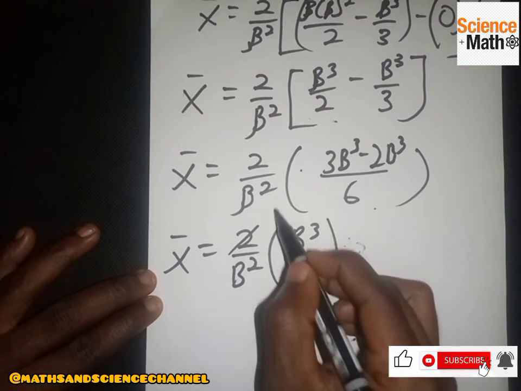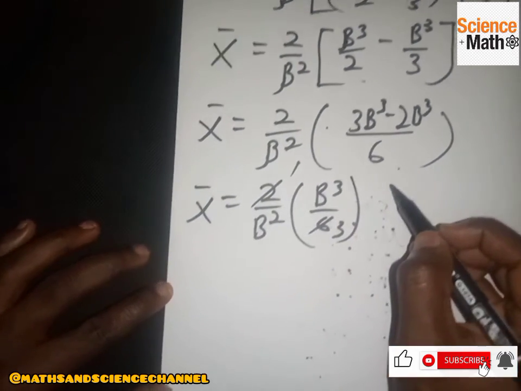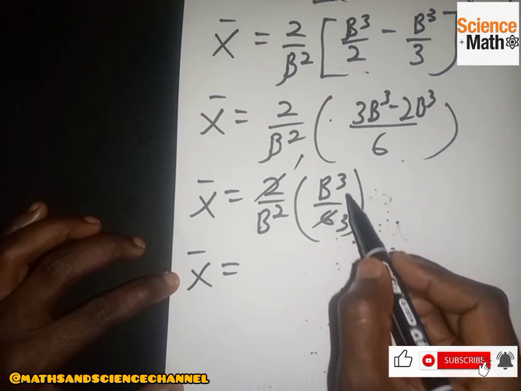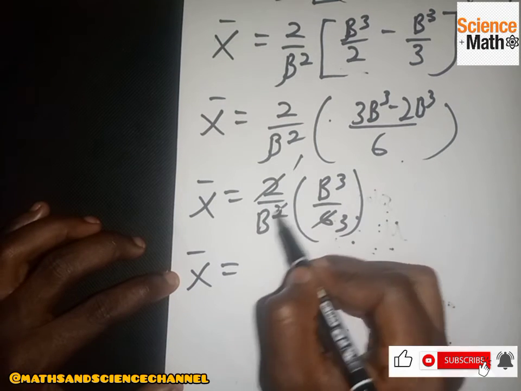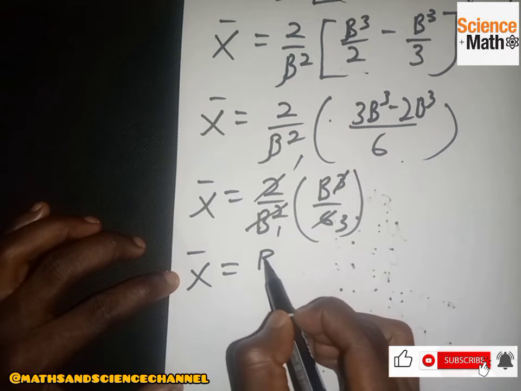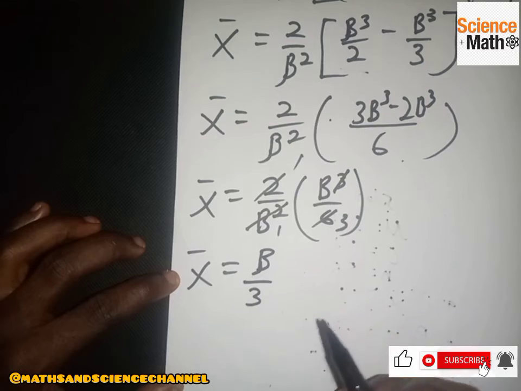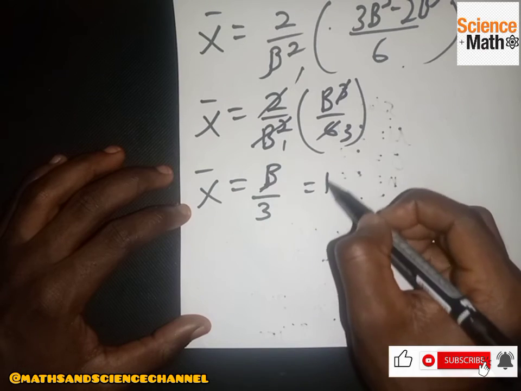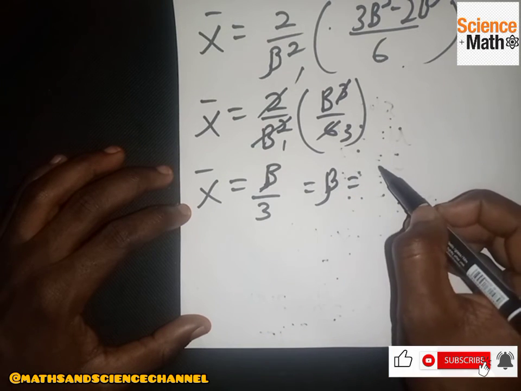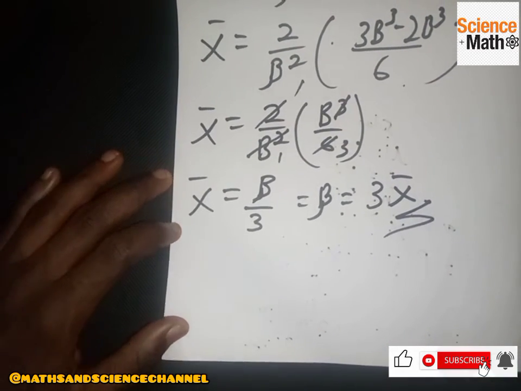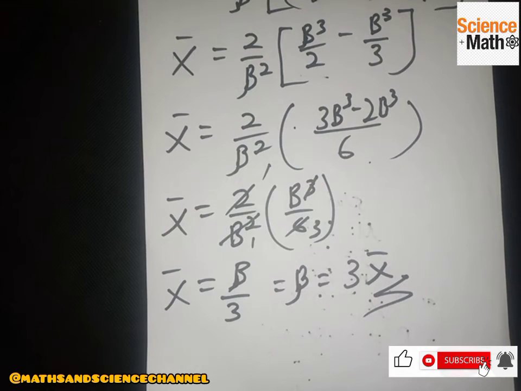The 2 goes into 6 three times, and β² cancels, so we are just left with β over 3. From here we can find β: β is equal to 3 multiplied by the mean, and that will be the estimator for β in this case.